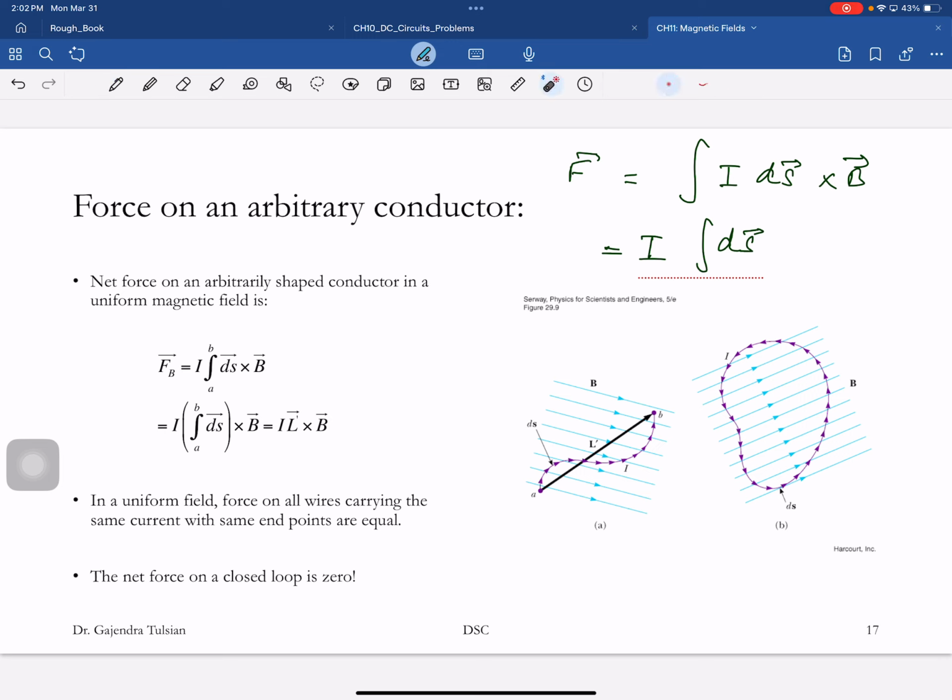So all we're doing is summing all these ds elements of the wire, and cross B. Now look at this. The sum of all these little arrows is this vector. So if you have a bent wire, you draw a vector from the starting point of the wire to the end point of the wire, and the net force is I times that vector crossed with B.